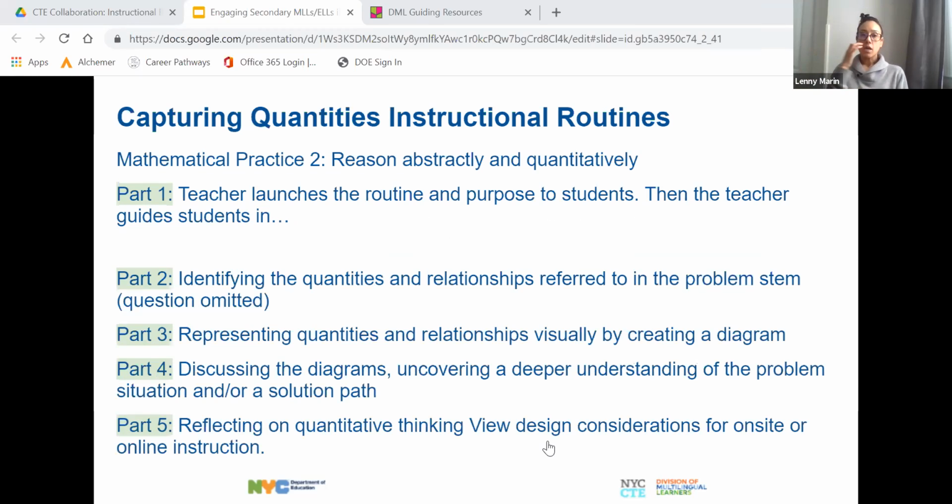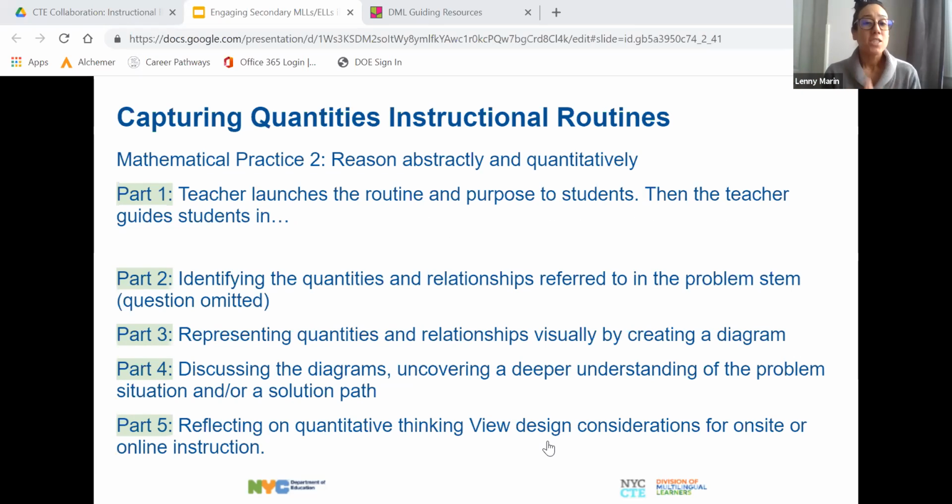If you saw in the document, the instructional routine today is called Capturing Quantities. And there are 5 parts, each of which I will give a little more attention and detail to during the presentation. Now, in the first part of the routine, the teacher is launching the routine to the students, while in the other parts, the teacher now begins to guide the students through the routine.